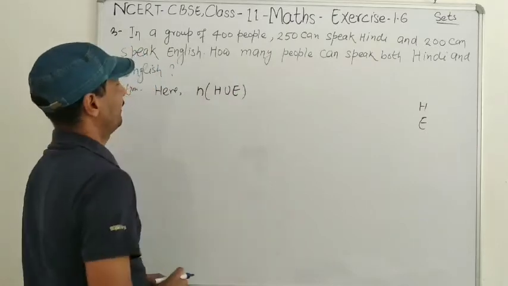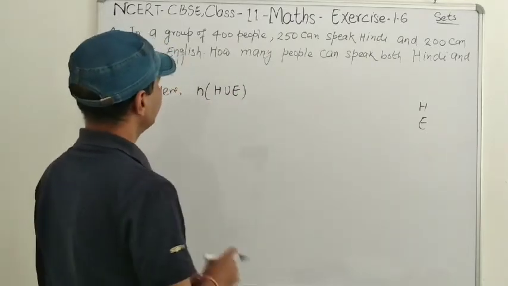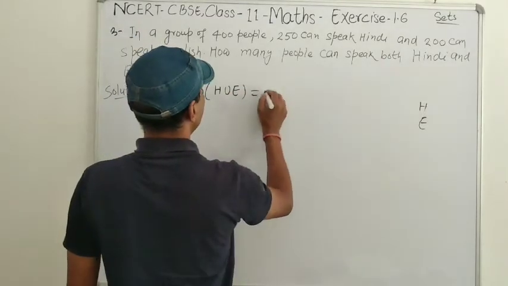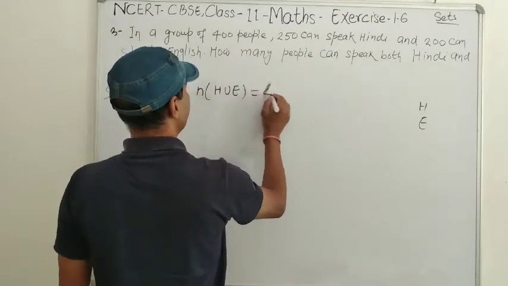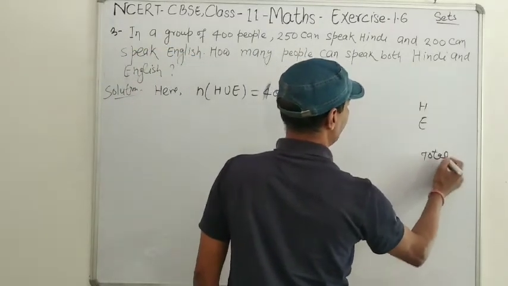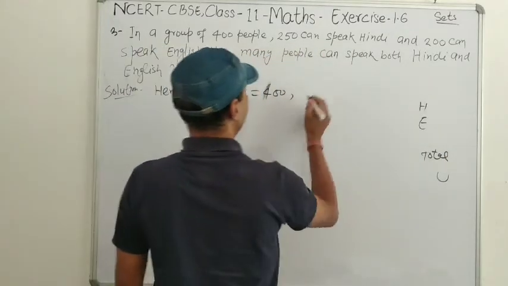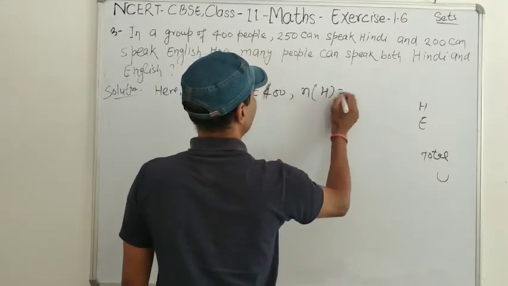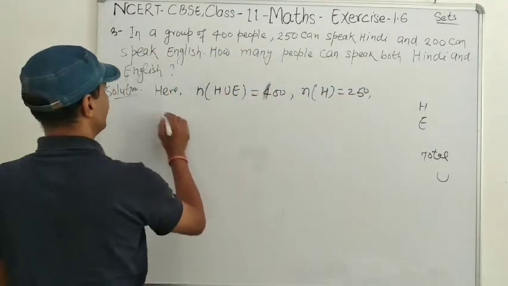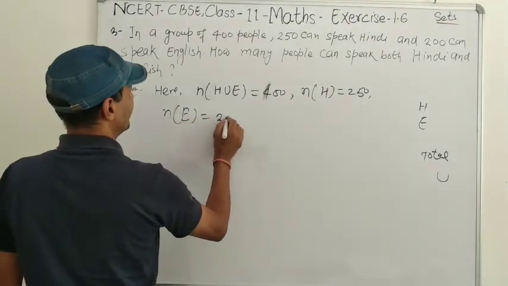Union means all the elements of H and also elements of E. So n(H union E) equals 400, the total. n(H) is 250, and n(E) is 200.